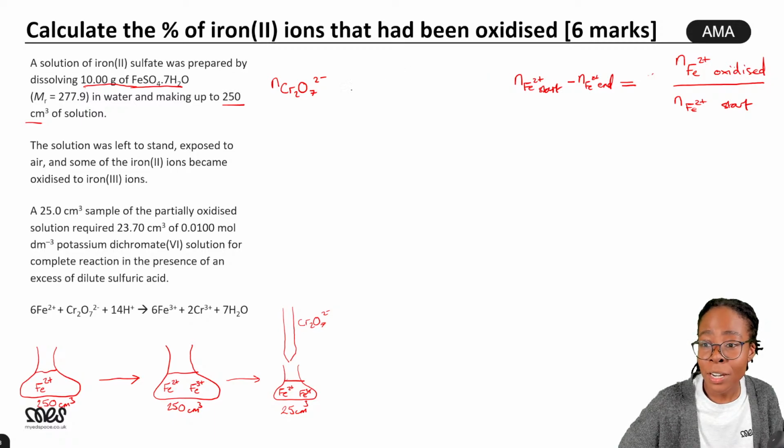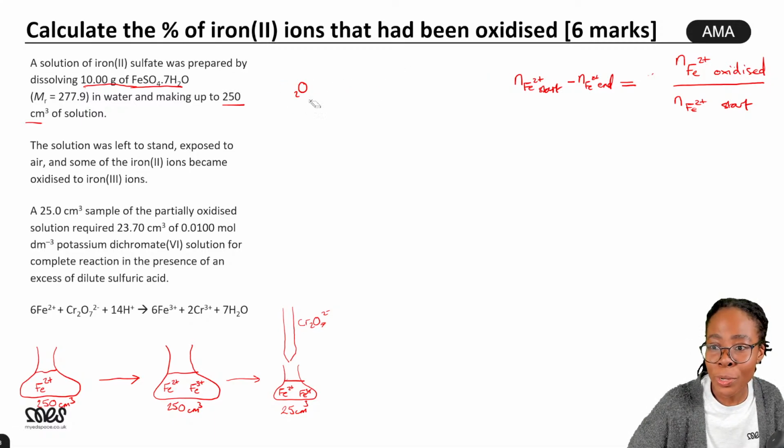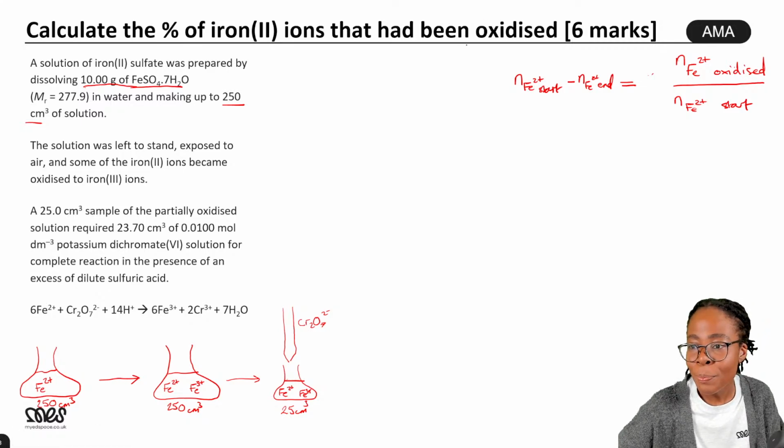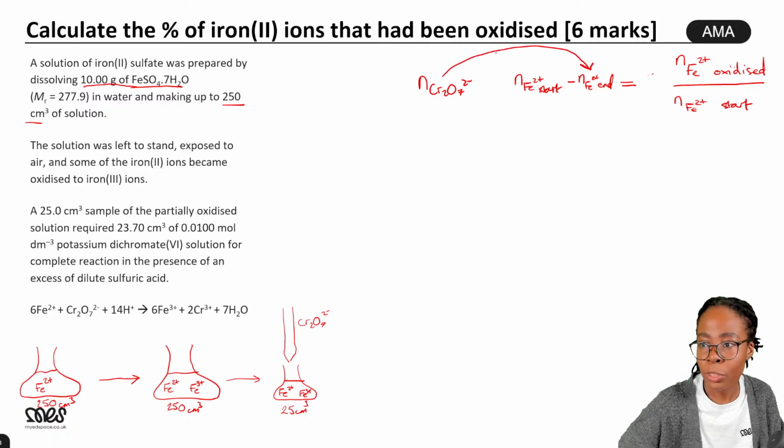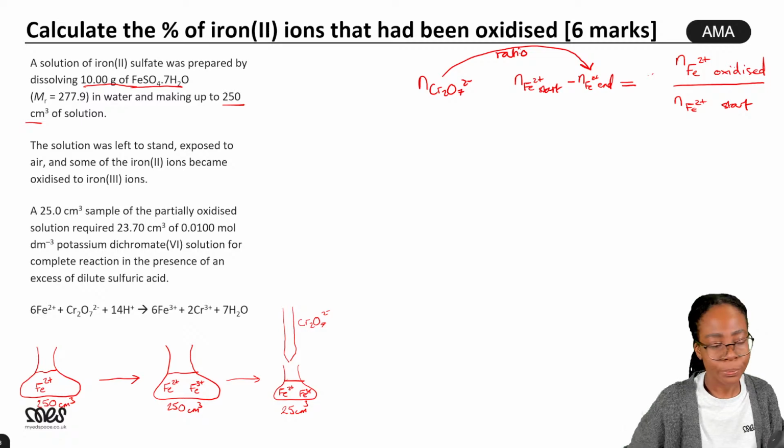In order to find the number of moles of Fe2 plus that we have at the end, we are going to use the number of moles of our dichromate and our balanced symbol equation to get us there with the ratio. Okay, now we have a plan. Now we know what we're trying to get to.